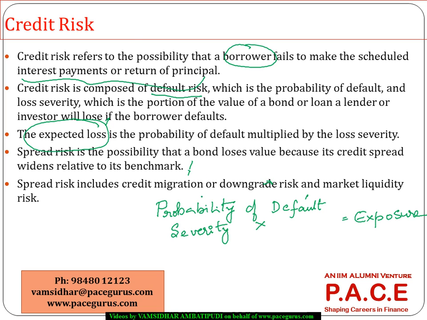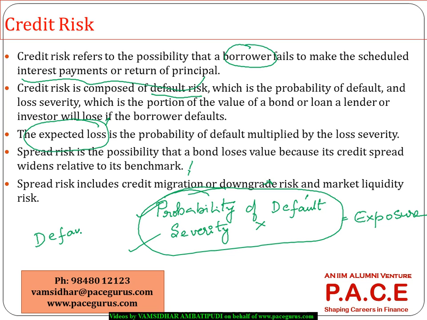Every bank or financial institution should look at these two elements and multiply them. There are different methods of calculating this, and various mechanisms described by Basel to compute these things. But once they are computed, what we are more looking at is how to look at the exposure associated with it, and based on the exposure, how to take it into the financial statement. So when it comes to default risk, which is a part of credit risk, the major thing we will be doing is identifying the probability of default, the severity of the default, and multiplying the two.